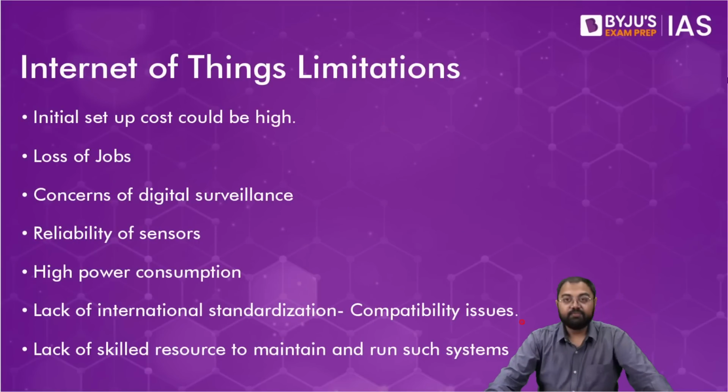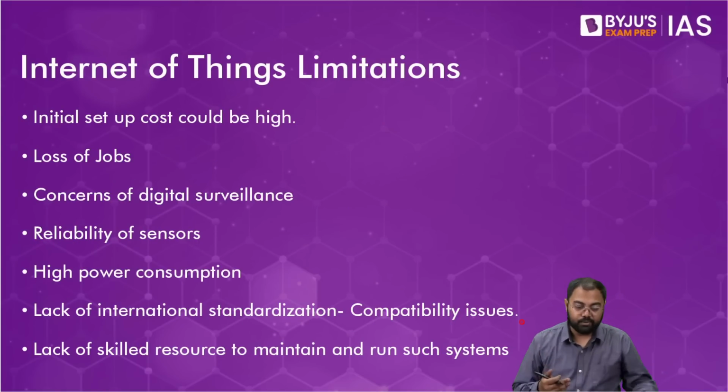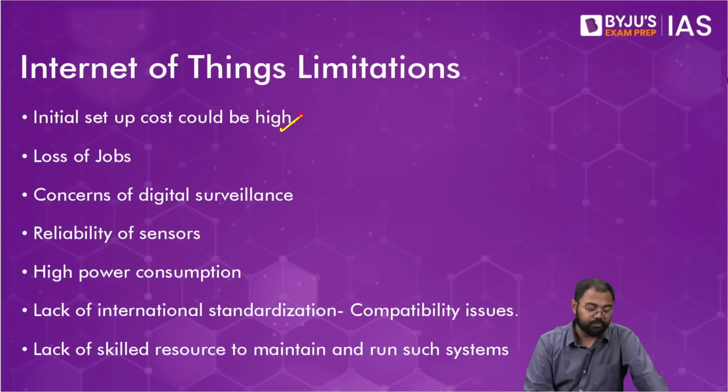But at the same time, we do understand that there are a lot of problems it can create. For example, the initial setup cost could be high, because you need a lot of high end electronic devices to be connected together. So obviously it is going to be very intensive in its initial budget. Similarly, it might also lead to a lot of job losses, because internet of things simply means that there will be a lot of machines that will be able to communicate and work with one another.